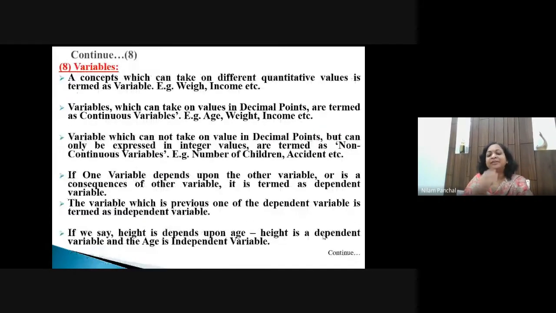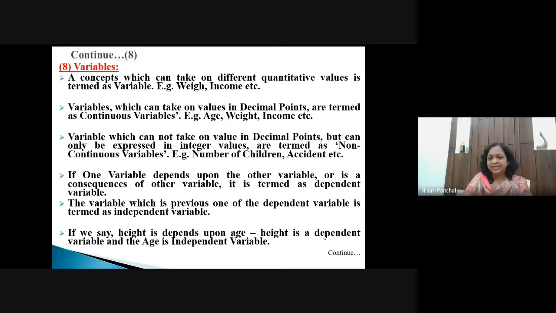Friends, variable, now this is very important for all the researchers, right? So a concept which can take on different quantitative values is termed a variable. Say for example, weight, income, education, and so on. Variables which can take on values in decimal points are termed continuous variables.